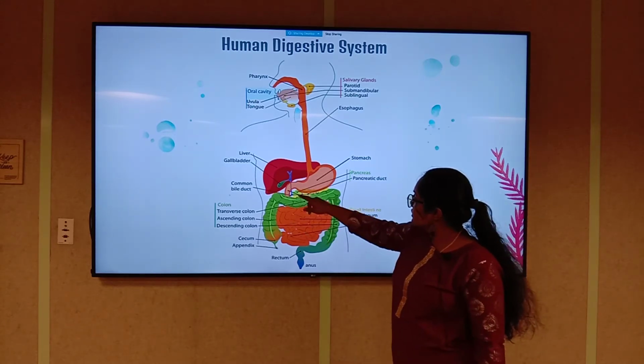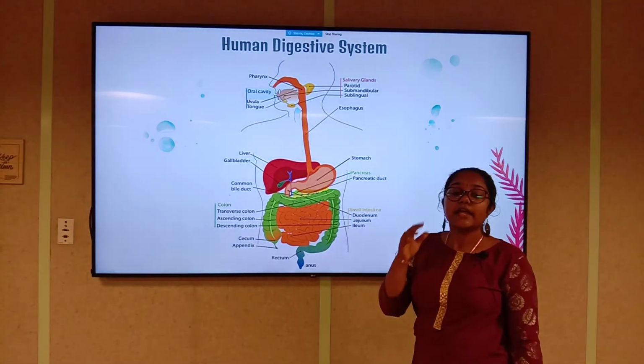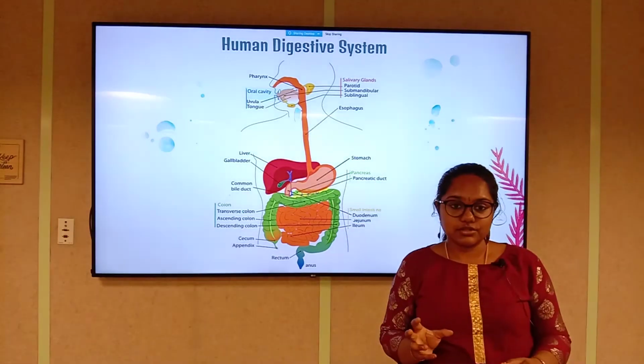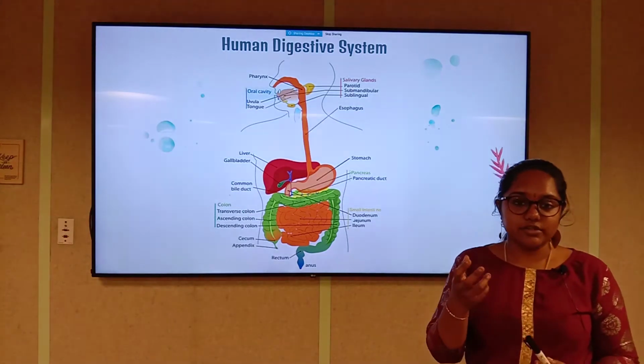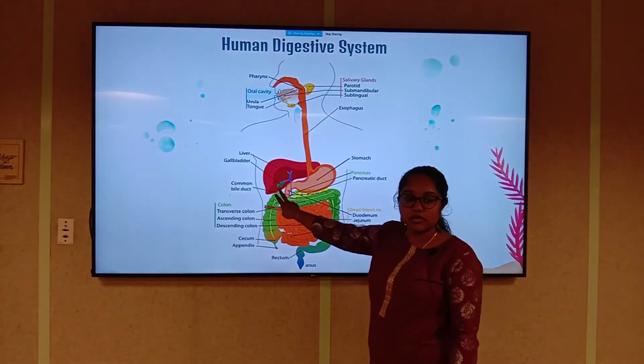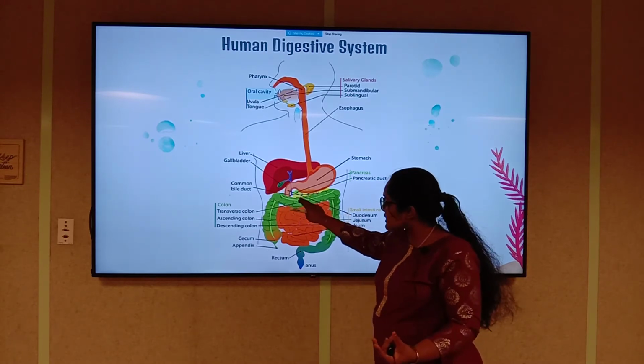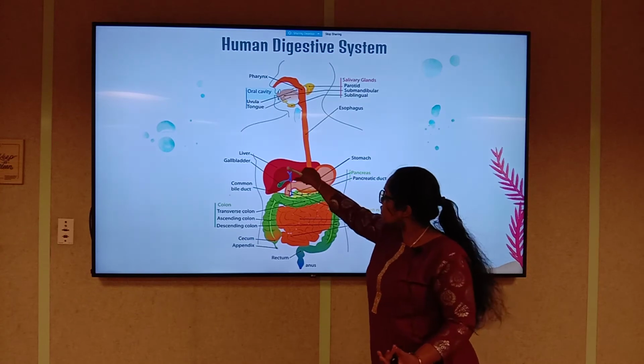If you look here clearly, this is the liver, the largest gland in the body. It produces bile juice. Bile juice is some greenish yellowish juice.